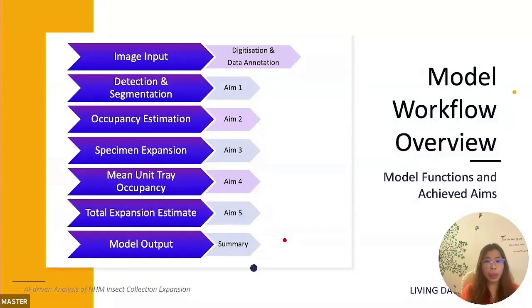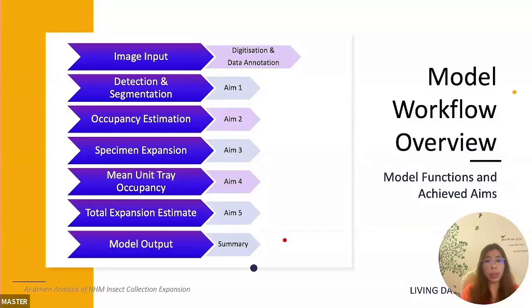Here's the workflow we built. Before anything, we need to get data ready from the digitisation process and data annotations to prepare data for AI model training and testing. We have 5 different aims. Aim 1 is to develop an object detection model to detect bounding boxes for objects within a drawer. Aim 2 is to compute the total sum of bounding box areas within each drawer to estimate the current occupancy.